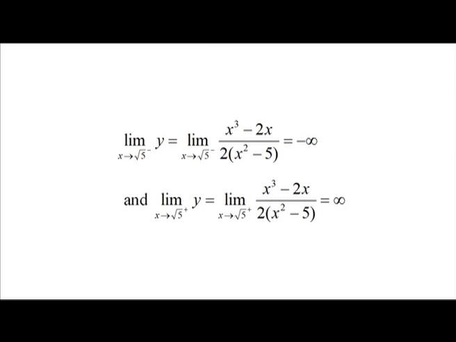Now, limit x going to root 5 minus, y equal to limit x going to root 5 minus (x^3 minus 2x) divided by (2 times (x^2 minus 5)), which is equal to minus infinity, and limit x going to root 5 plus, y equal to limit x going to root 5 plus (x^3 minus 2x) divided by (2 times (x^2 minus 5)), which is equal to plus infinity.